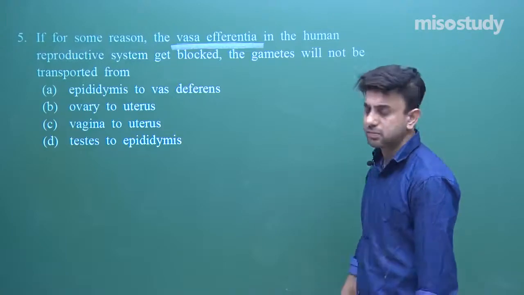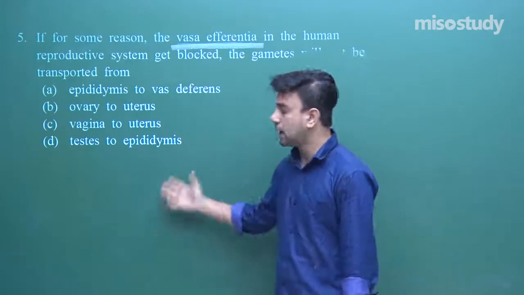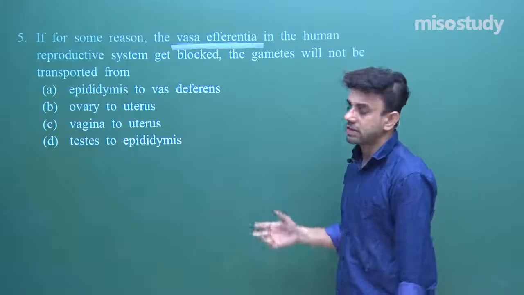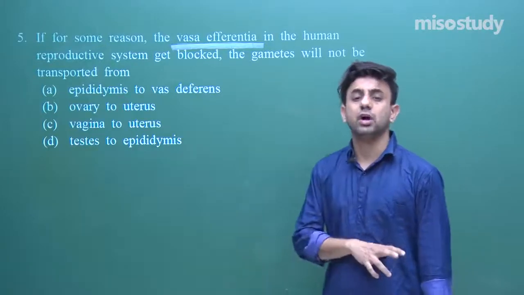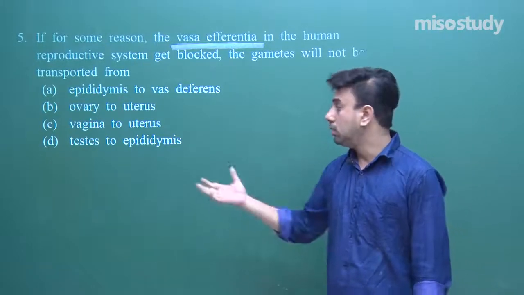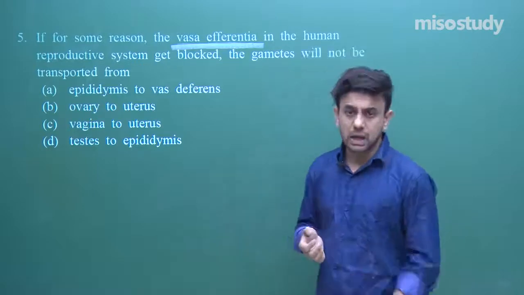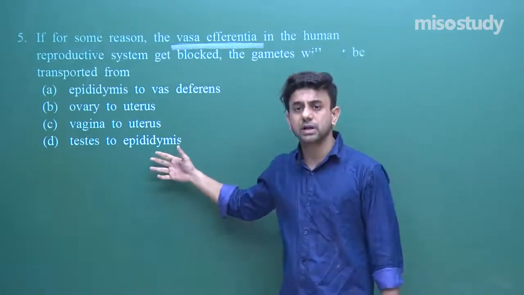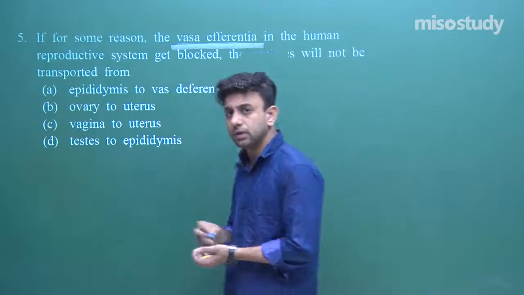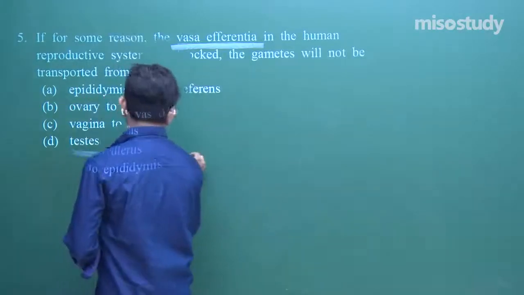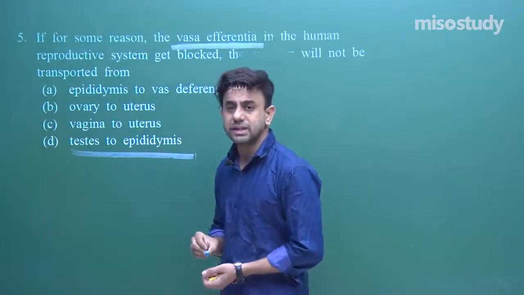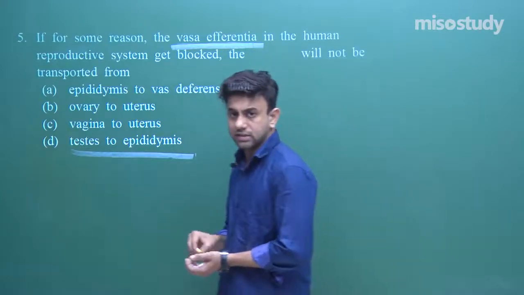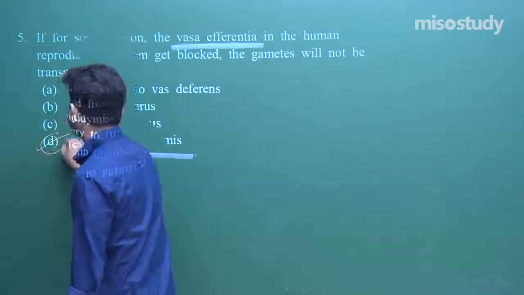The gametes will not be transported from the testis to the epididymis. We all know that the vasa efferentia are about 30 tubules which are found between the testis to the epididymis, and hence this will be the correct option.